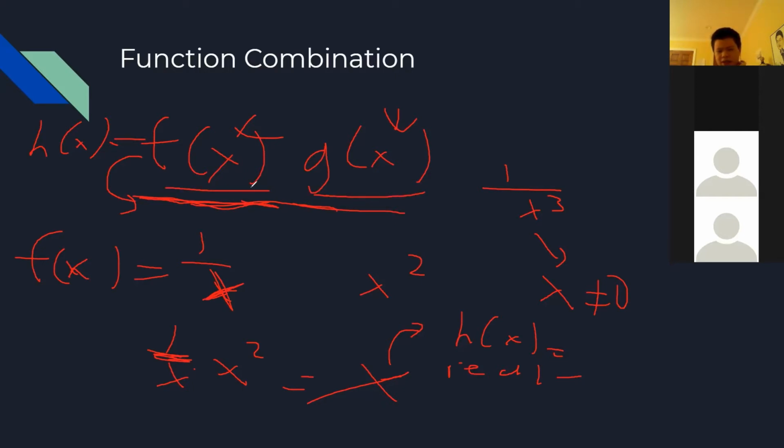You could also see it as the intersection of these two domains. Any number that is shared between these two domains. So this is all real numbers, this is all real numbers minus 0, so it's all real numbers minus 0.